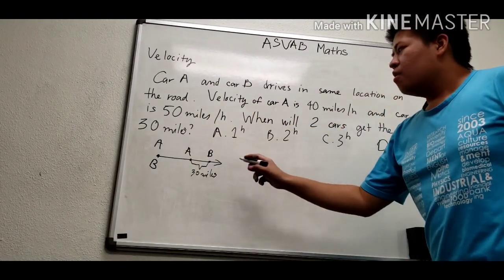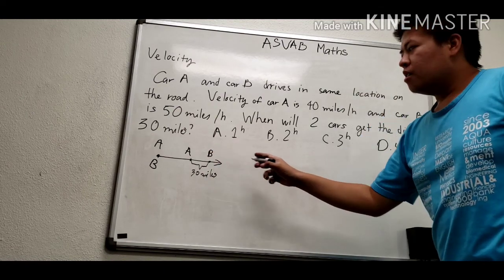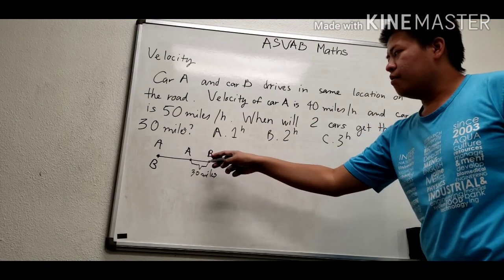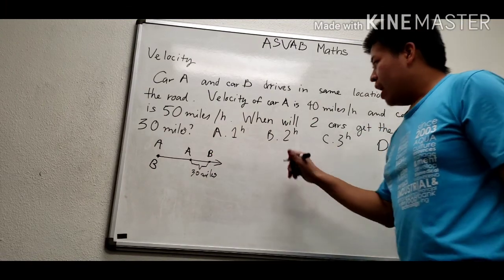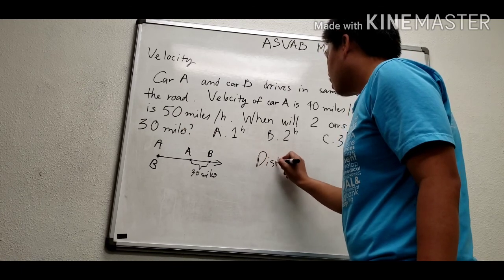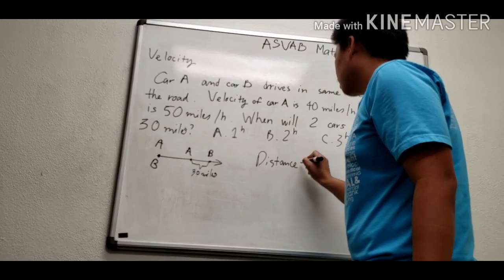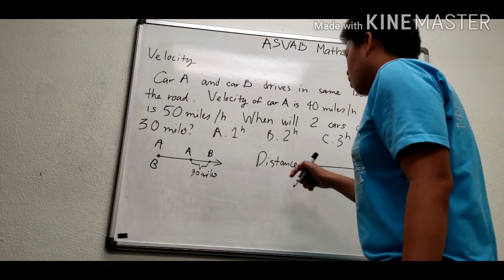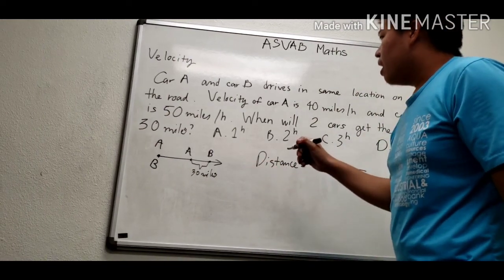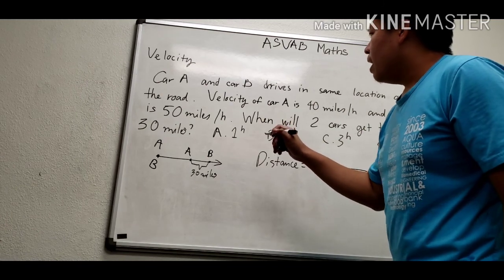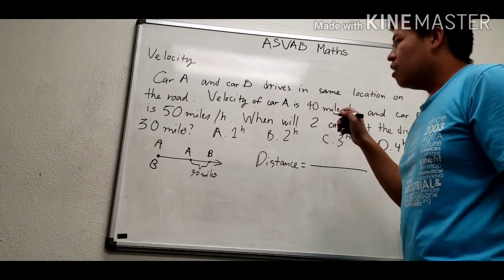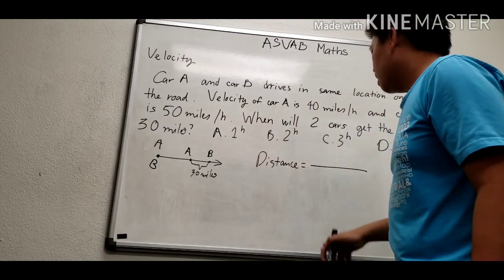This means that when car B goes faster than car A, we can create a distance between A and B. And we have the formula for you. So to find the distance here, we have 50 miles and 40 miles and we have 30 miles.